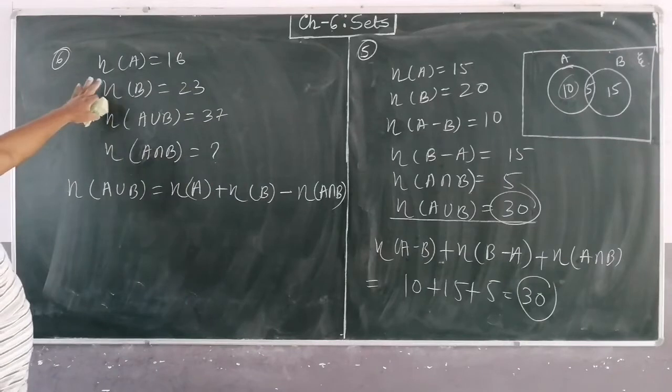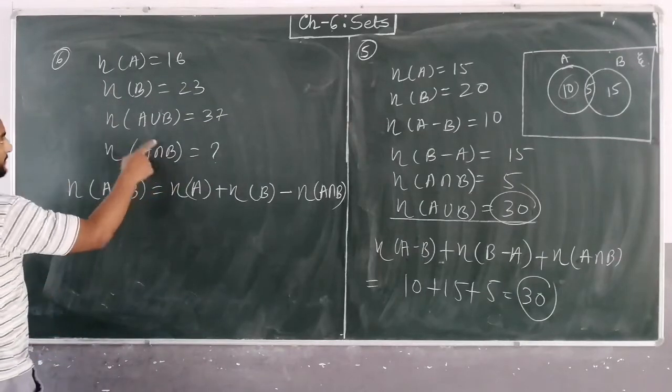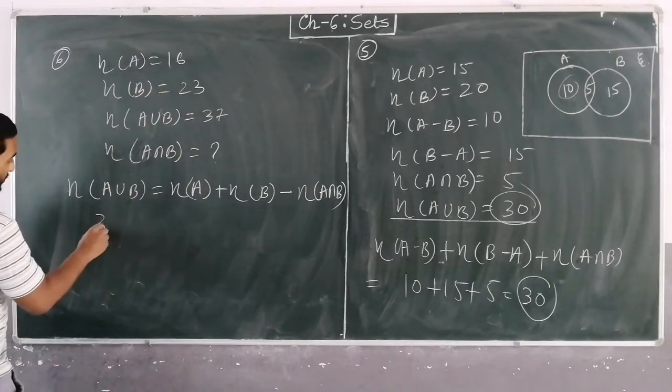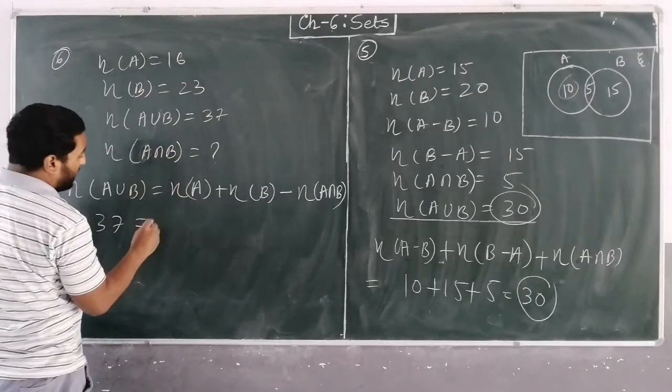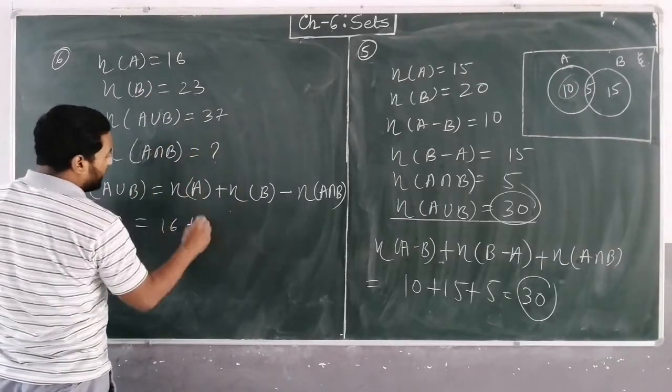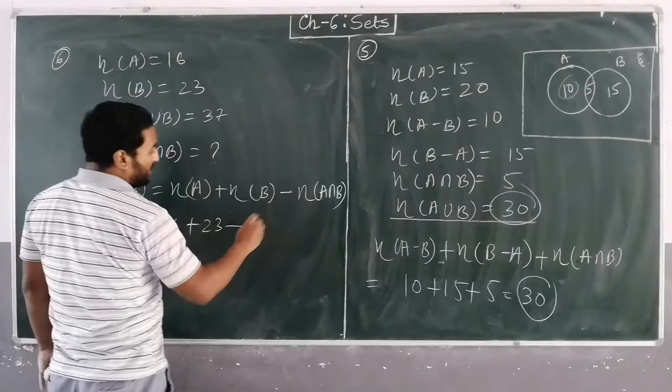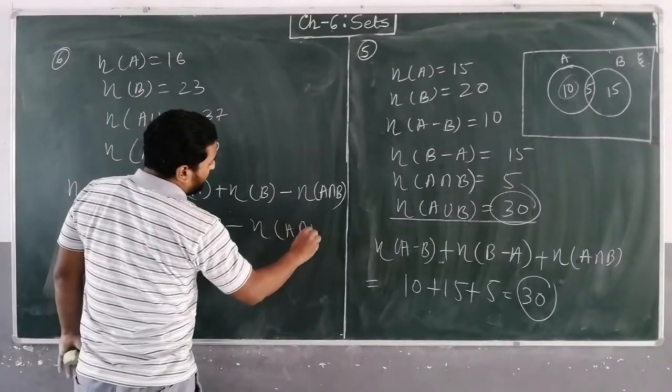Now we place the values. A union B is given as 37. So 37 equals cardinality of A, 16, plus cardinality of B, 23, minus this one that we have to find, so keep it as it is.